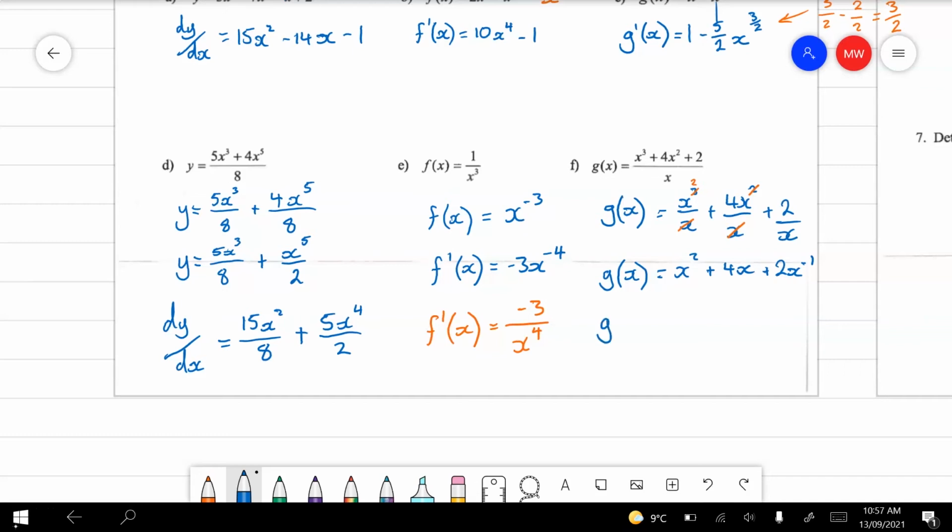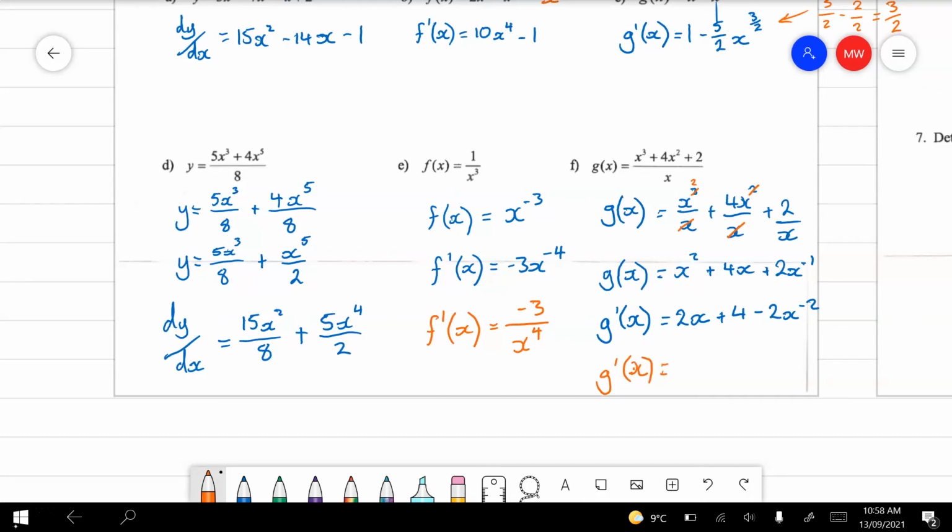So we'll have g dash x, that's going to be 2x, a 4, a -2x to the -2, because remember it's -1, -2. And let's just say, again, we were asked to do this in positive index form. We can do that.